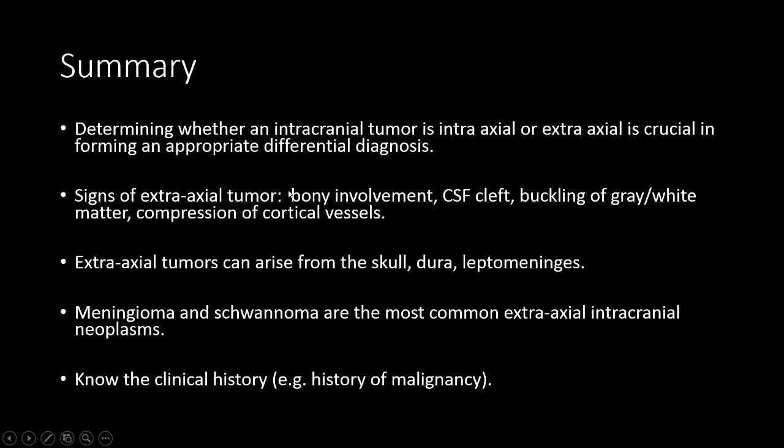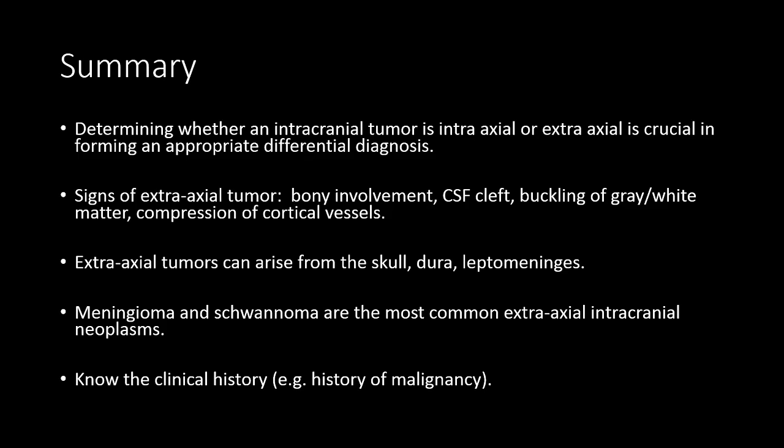So in summary, determining whether an intracranial tumor is intraaxial or extraaxial is crucial in forming an appropriate differential diagnosis. We've talked about some signs of extraaxial tumors, including bone involvement, CSF cleft, buckling of the gray-white matter, and compression of cortical vessels.